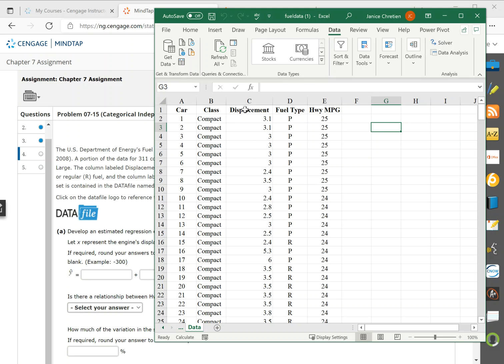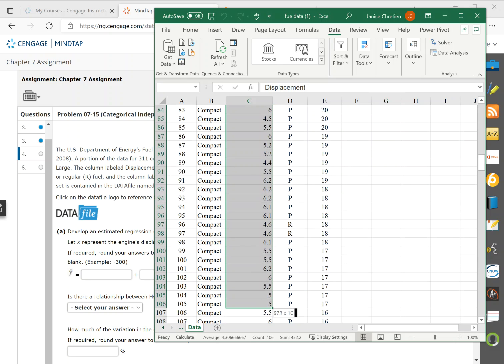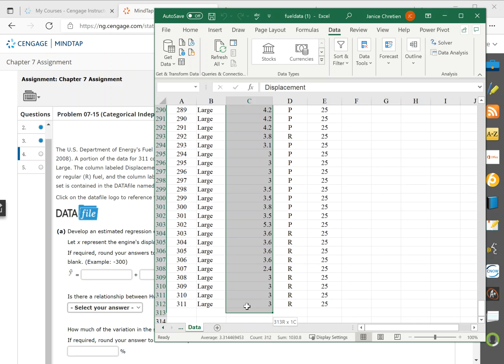So I am going to say displacement and fuel economy.